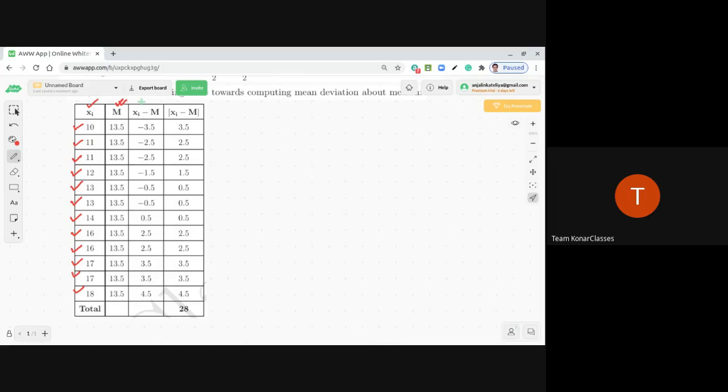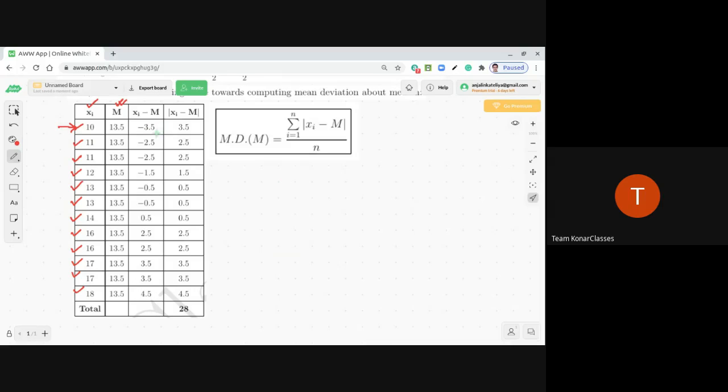What is our target? If I place the formula in front of you once more, this is the formula. To use this formula, we need to find the value of xi minus M. Xi is 10 in the first case and M is 13.5.